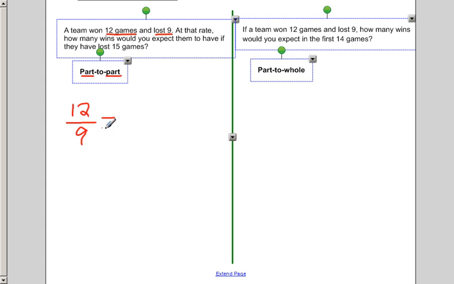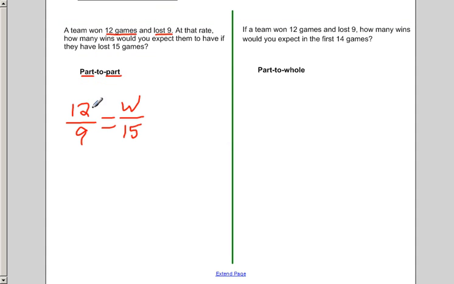Now, it should be an equivalent ratio. At that rate, how many wins would you expect them to have? So wins, we don't know yet, so we'll say W, if they have lost 15 games. So 15 would be the other part. So now at this point, it's cross multiplying. 12 times 15 is 180 equals 9 times W, which we represent as 9W.